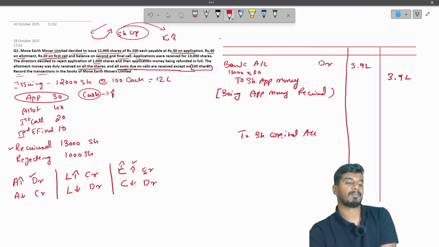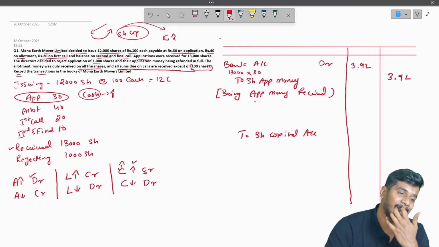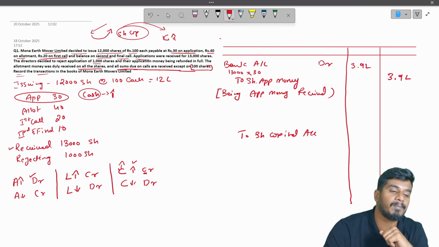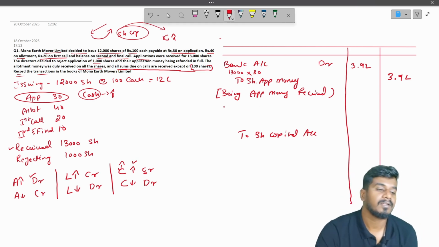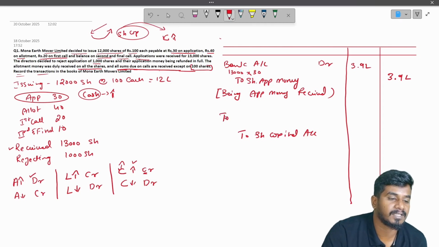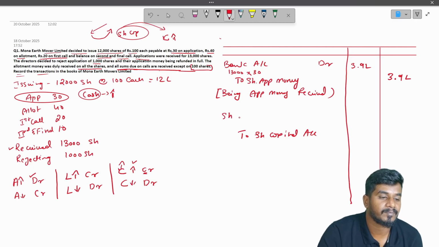Now, from where we need to transfer the amount? From share application money, which we have already credited. If you want to debit it, just reverse the transaction. It is not required to write "to" share application money.